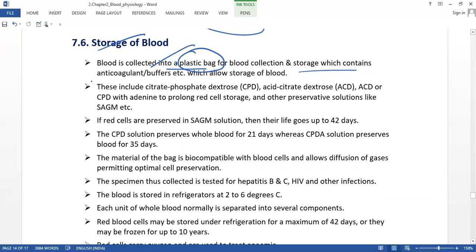The plastic bag used to collect from the donors contains an anticoagulant that allows the blood to be stored for some days, sorry, some hours.